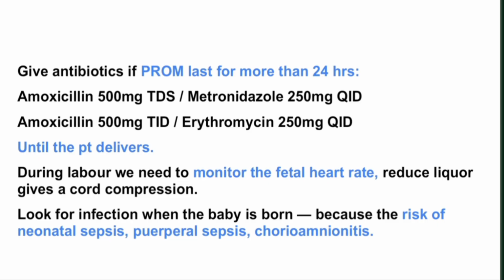If it's less than 24 hours, you want to manage conservatively by just waiting for the woman to go into labor. If she lasts more than 24 hours, you need to start thinking of inducing. You do a Bishop score to guide you if you need to use oxytocin or misoprostol. But if there are any contraindications to induction of labor, you can then opt for a cesarean section.